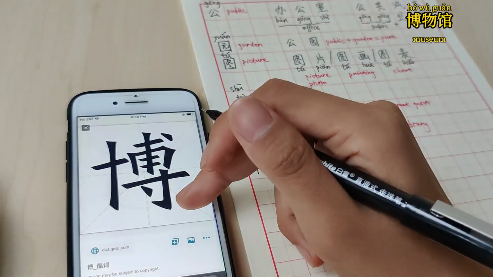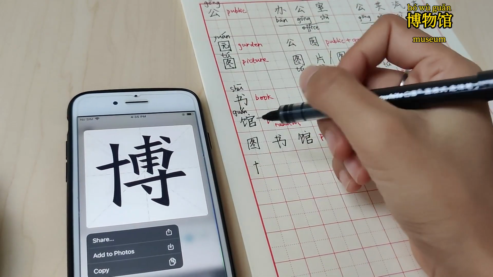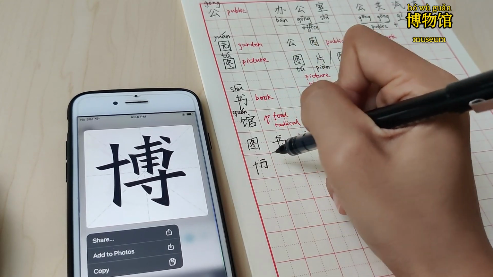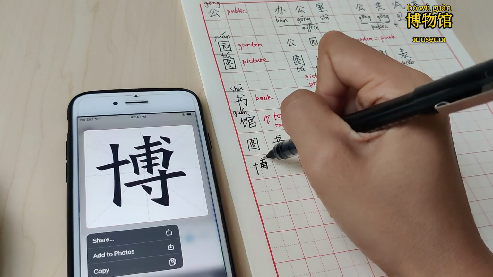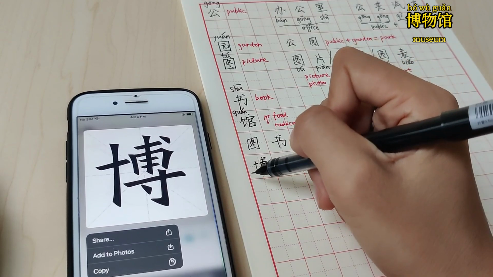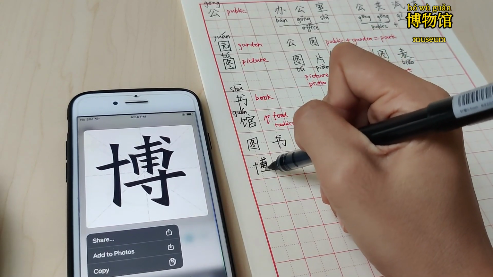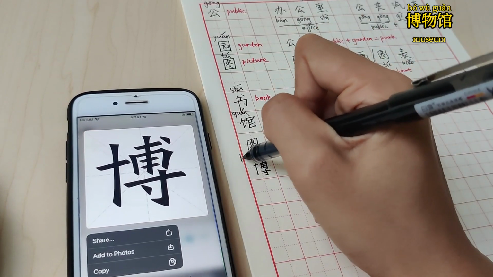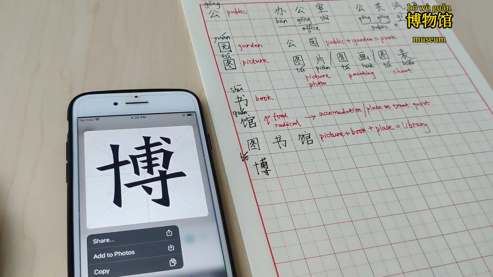And on the top right, it's 1, 2, 3. And the bottom right, go 1, 2, 3. Very good. This is 博.